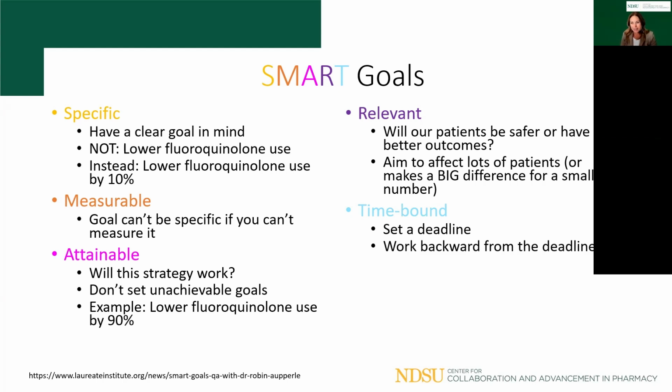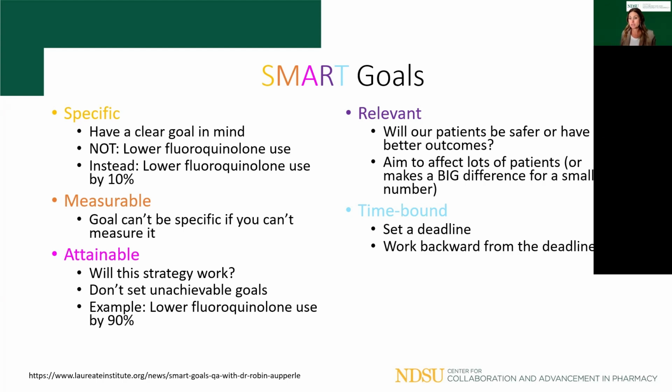That's not specific. Lowering fluoroquinolones by 10%, that would be more specific. And you want it to be measurable, right? A goal can't be specific if you can't measure it. In this case, we can look at what our previous fluoroquinolone prescribing rate was and see, did we decrease it by 10%?